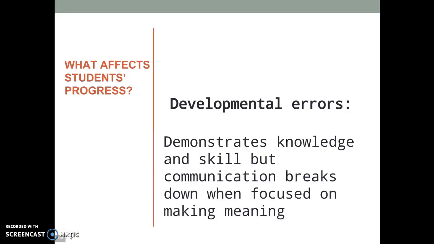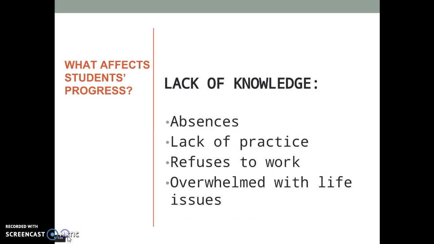The teacher knows and shares with the students the difference between the student not being able to demonstrate knowledge and skill due to lack of practice, and normal, expected, anticipated developmental errors and linguistic and cultural breakdown. There are a variety of reasons why some students just don't get it.